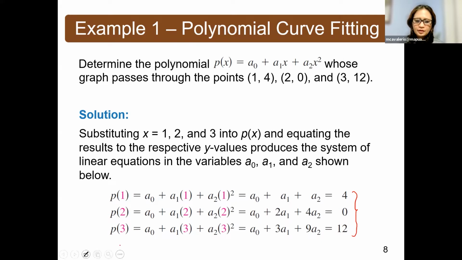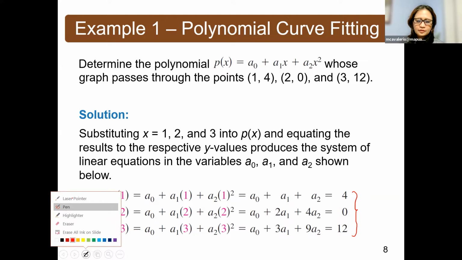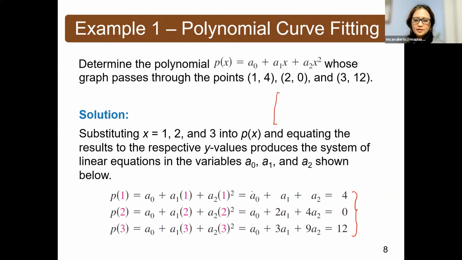Can I write it here? Since we already set up the system of equations, the augmented matrix is given by 1, 1, 1, and then 1, 2, 4, and then 1, 3, 9, with the constant terms being 4, 0, and 12.